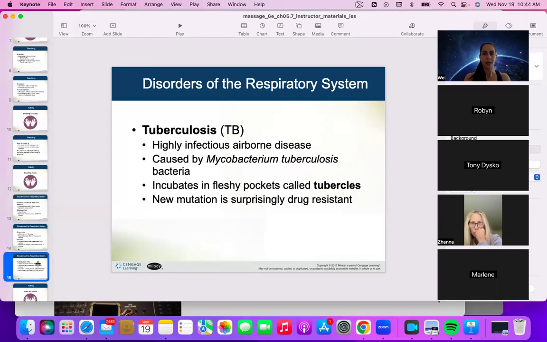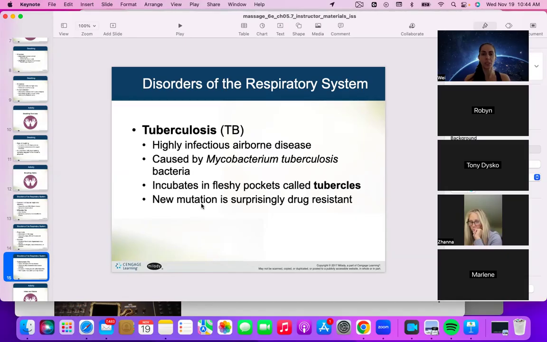Then we have tuberculosis, called TB. It's an airborne disease, an infectious disease through the air, caused by the Mycobacterium tuberculosis bacteria. These incubate in the fleshy pockets called tubercles, and the new mutation is surprisingly drug resistant.